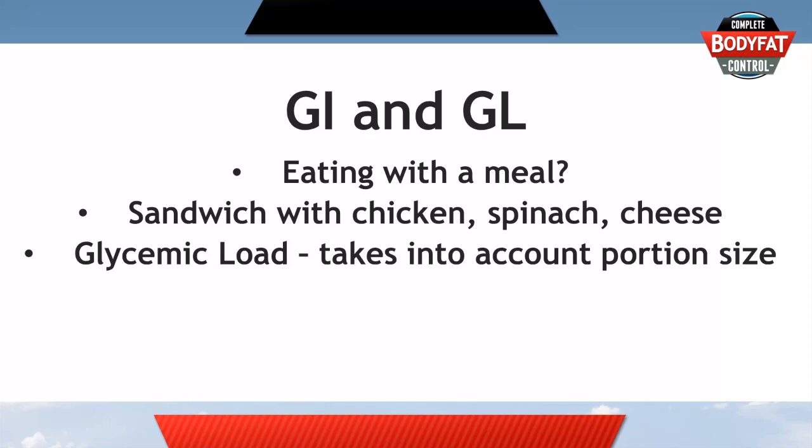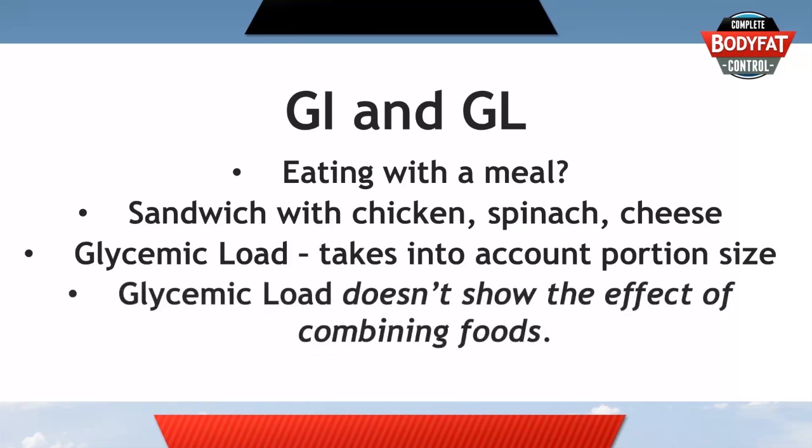What glycemic load still doesn't really tell us, though, is that in a meal situation, for example, where you have these 2 pieces of bread and some meat and some cheese and some spinach, in actual fact, the presence of the meat, because it's protein, and the presence of the cheese, because there's some protein and some fat as well, and also the spinach, what all of that does is it actually reduces, effectively, the GI of the bread.